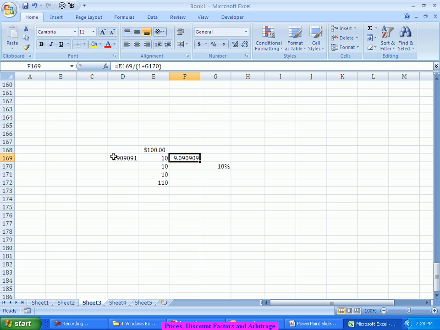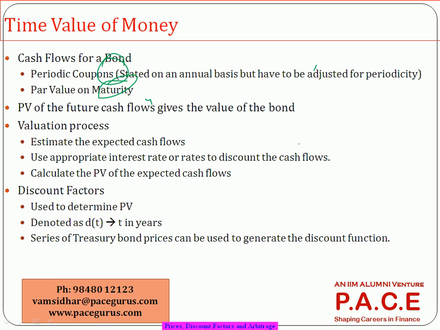Now, if you want to find out the interest rate corresponding to it, you can find something divided by 1 plus R is equal to 9.09. From there, you find the interest rate for the period. So you have to do a kind of reverse calculation in case the discount factors are given.